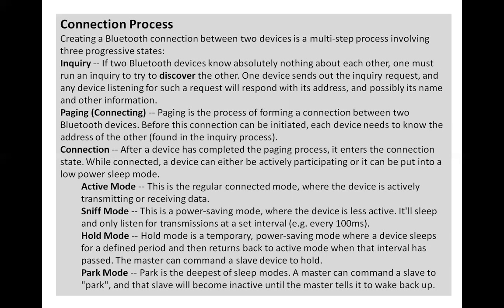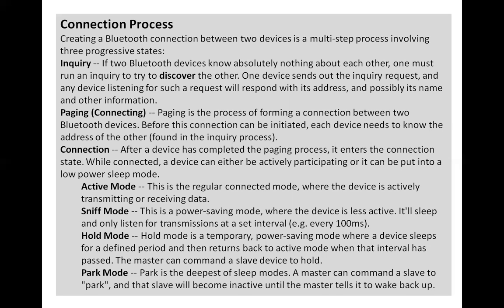Then paging, meaning connecting. Paging is the process of forming a connection between two Bluetooth devices. Before this connection can be initiated, each device needs to know the address of the other, found in the inquiry process.